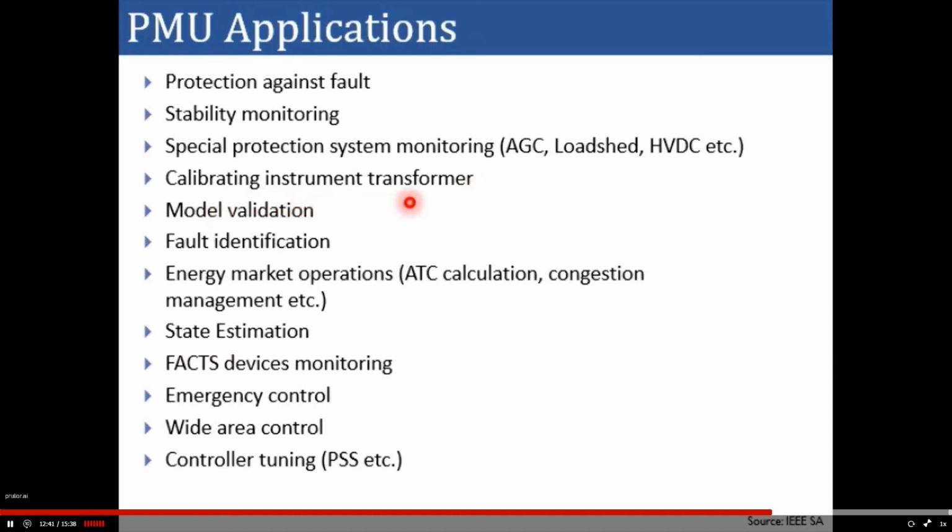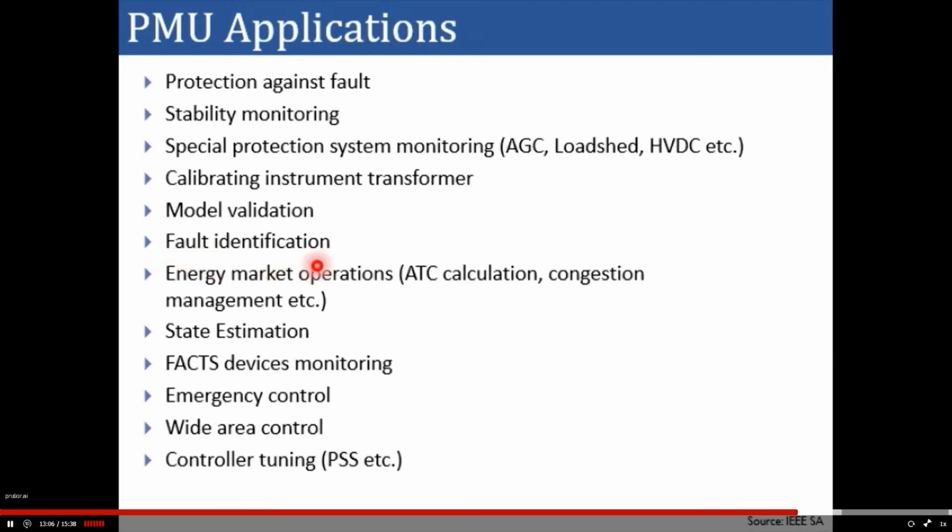Using that data, we can calibrate our instrument transformer. We can do the model validation. If we have developed any mathematical model, we can use the PMU data to fine-tune the model output, because we consider PMU data as the most accurate data available.